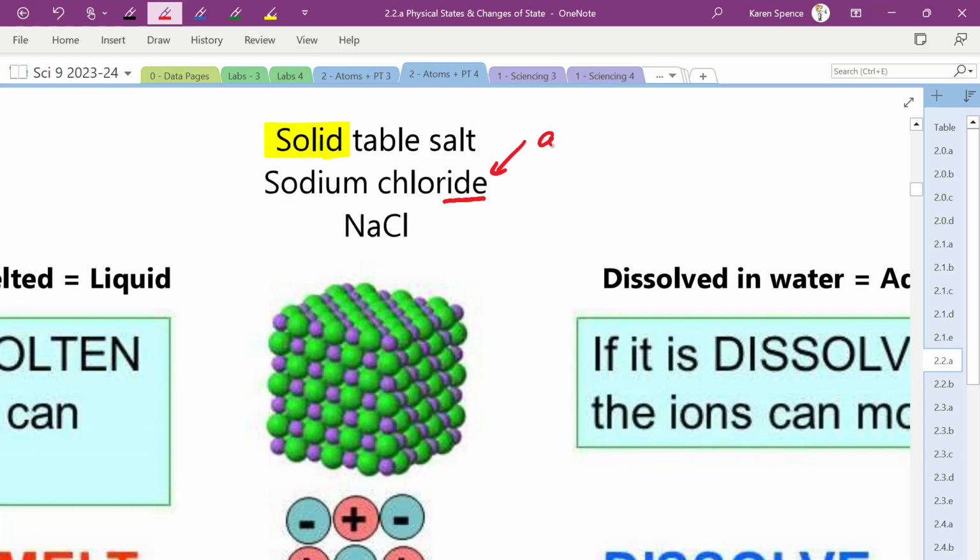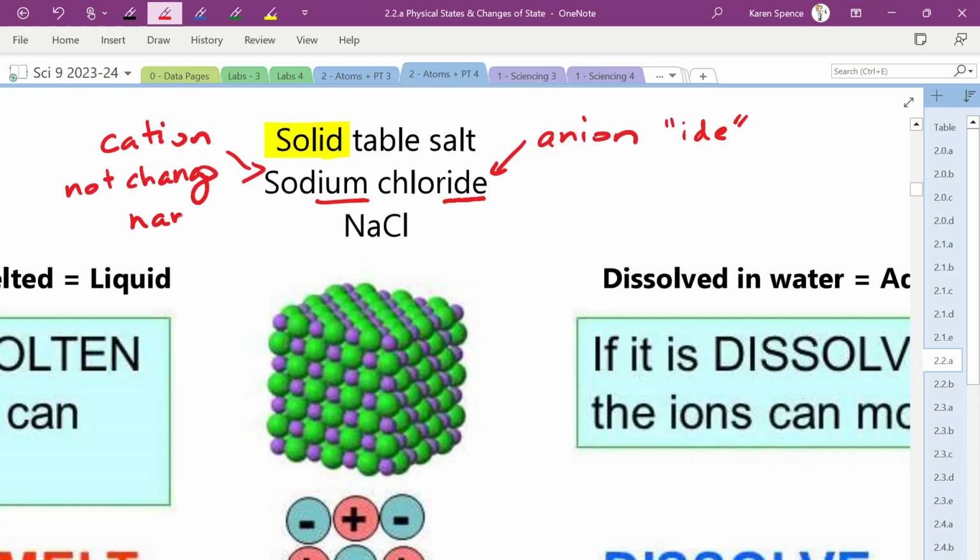Because it's an anion, and the ending changes to ide. And you'll notice, does sodium change its name? No, because a cation does not change the name.